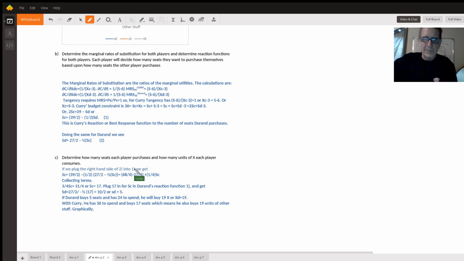We can do the same for Durant and get S_D equals 27/2 minus 1/2 S_C. We can plug these two in to figure out what the Cournot or Nash equilibrium solution would be. I've done the math here, and I can show you graphically what it looks like.